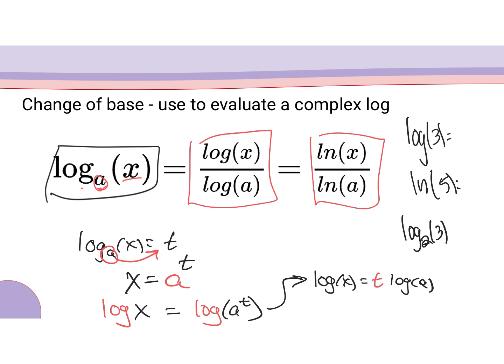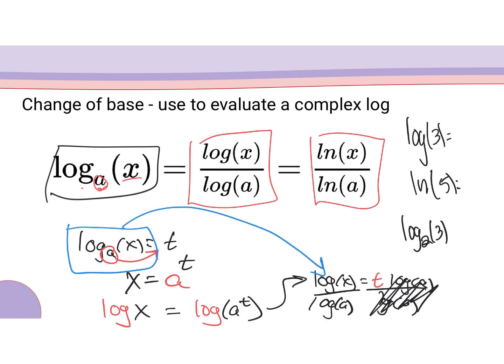And now to re-isolate, I just divide by log of a on both sides. And so that is how I would get the change of base formula. So we took log base a of x and converted it to log of x over log of a just using standard properties. So you would just put this into your calculator to get a value.